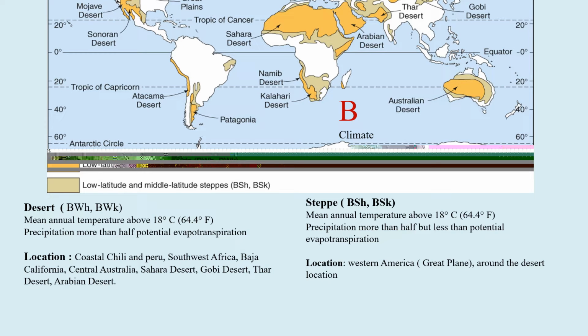Now the B climate. B climate, mostly we call it arid climate, dry climate, and also you can understand from the B climate desert types of climate. So the dry B climates are located poleward of the A climates on the western side of the continent in the United States.